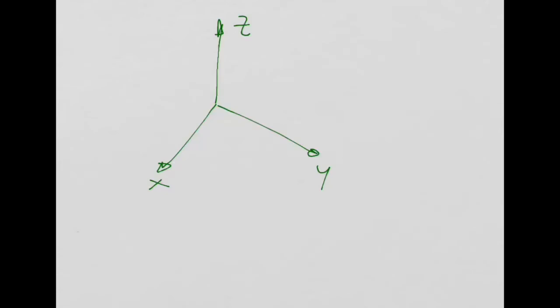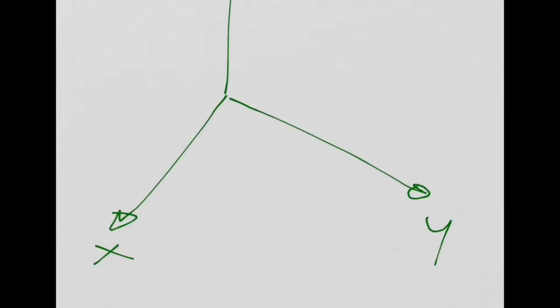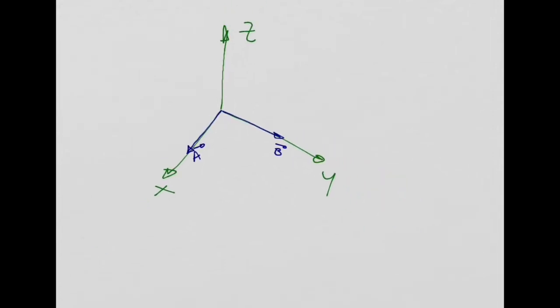For convenience, I'm going to say my vector A is aligned with X. So this is my vector A. My vector B is aligned with the Y direction. And I'm going to do the cross product of A with B.